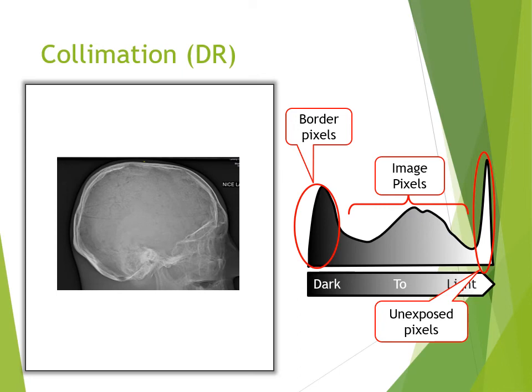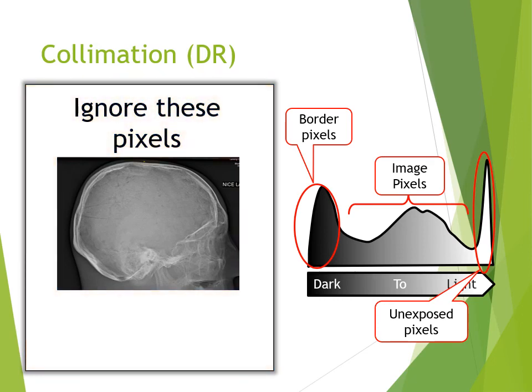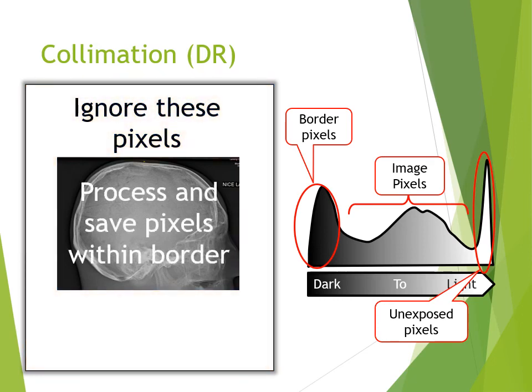To find the image, the computer looks for unexposed pixels adjacent to border pixels and determines the borders for the image. Notice the proper use of the collimator plays a significant role in this determination. Pixels outside the border area are excluded from the image. Pixels inside the border area are included and sent for correction, display, and storage.